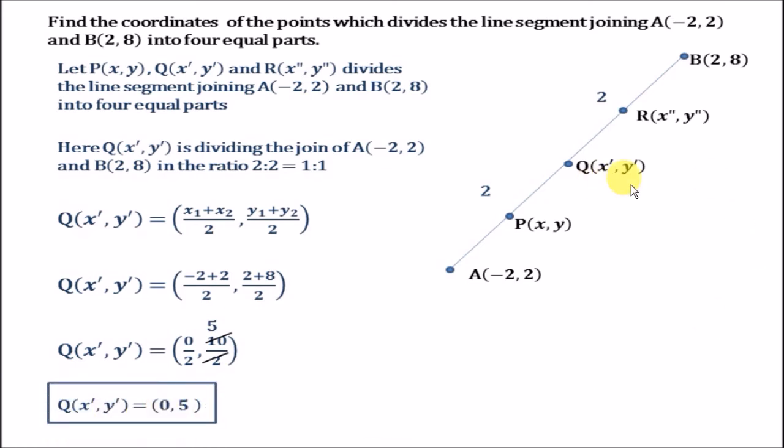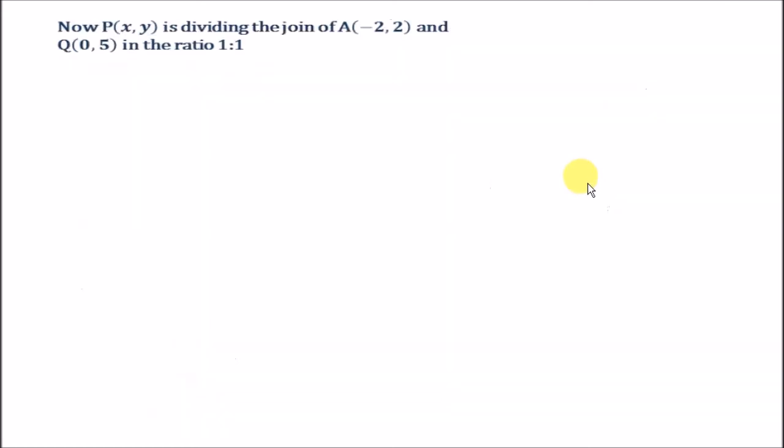So we have the coordinates of Q. Now since we have the coordinates of Q, finding the coordinates of P and R will be a very easy task, as we can use the midpoint formula for both. P is the midpoint of A and Q, and R is the midpoint of points Q and B. P x, y is dividing the join of A minus 2, 2 and Q 0, 5 in the ratio of 1:1.